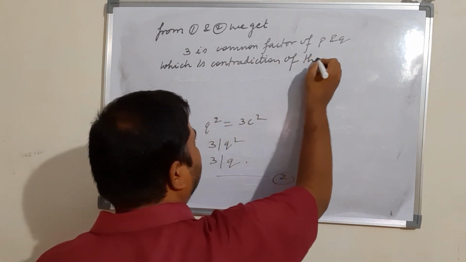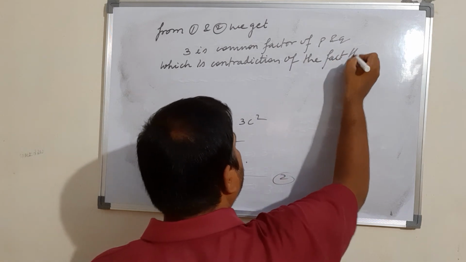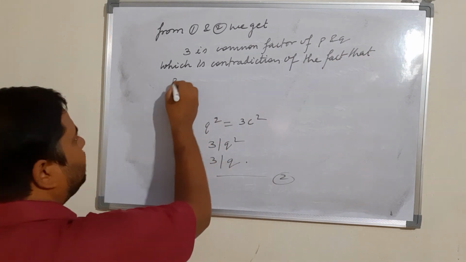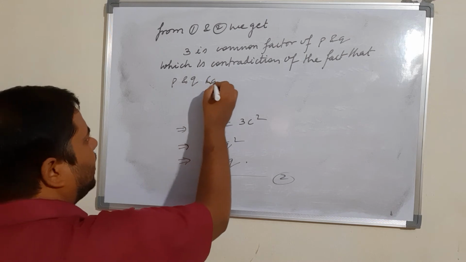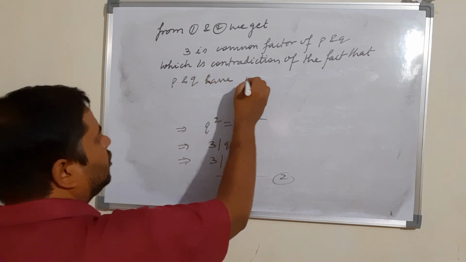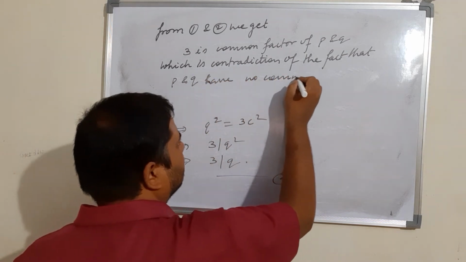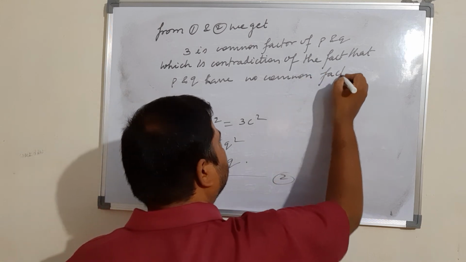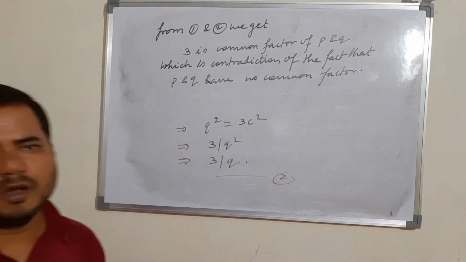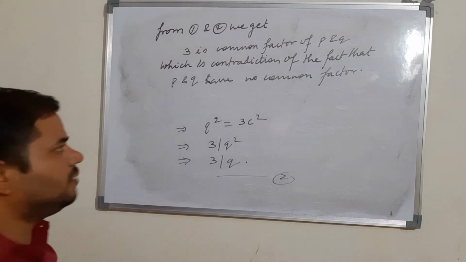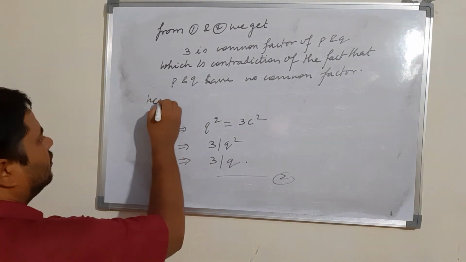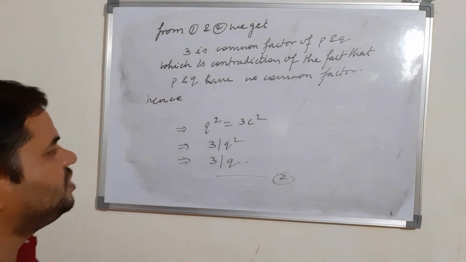This is a contradiction of the fact that P and Q have no common factor. Hence, our supposition is wrong.